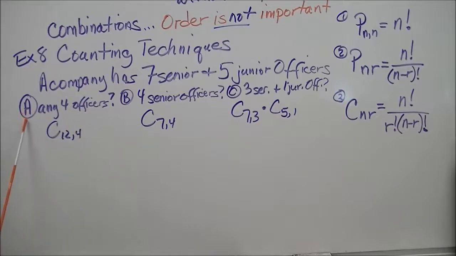And for part A, they're saying, what's the possible number of combinations, since order is not important, in selecting any 4 officers?